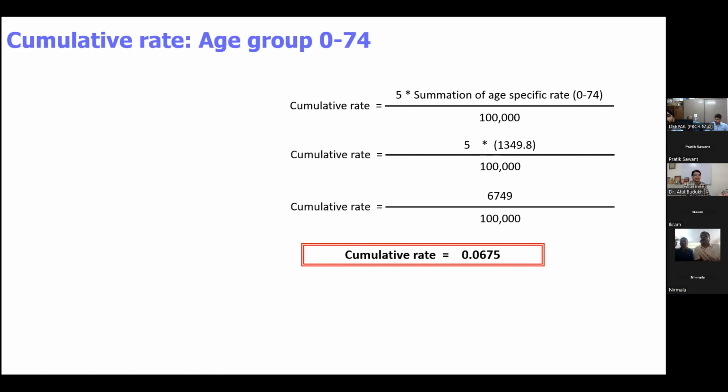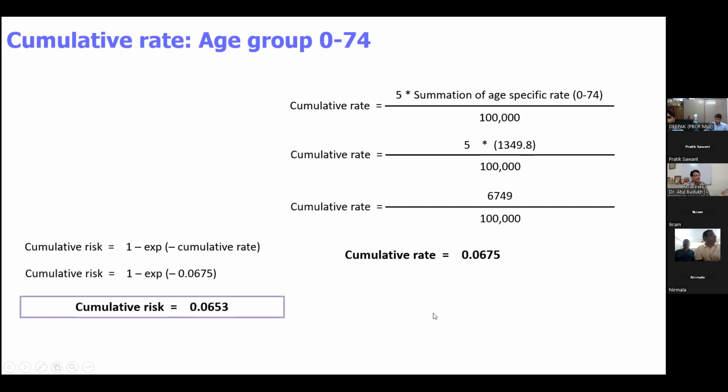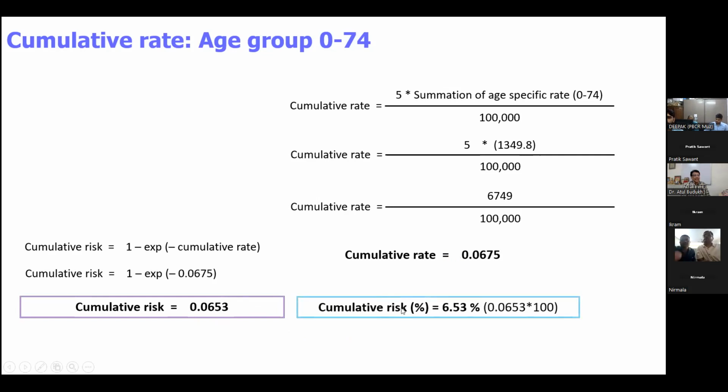So 5 into 1349.8 gives 6749 by 100,000. And you have to apply the risk, 1 minus exponential. So 1 minus exponential will come to 0.00653. And the risk is 1 in 6.53. It is just a mathematical formula, nothing to worry.